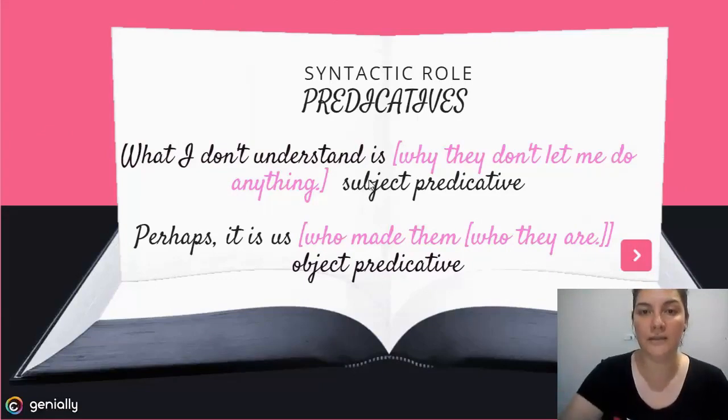See that this complement clause begins with a subordinator which is a WH word why. Besides, note this clause contains another WH complement clause which acts as the subject of this clause. In this case, I haven't marked this in pink because I wanted to show you the subject predicative.